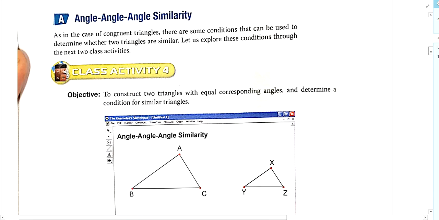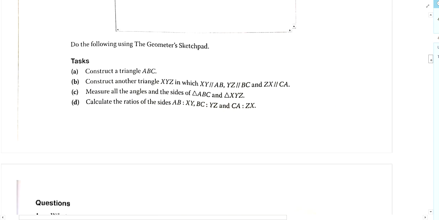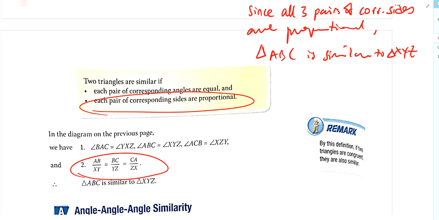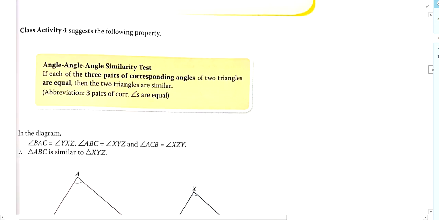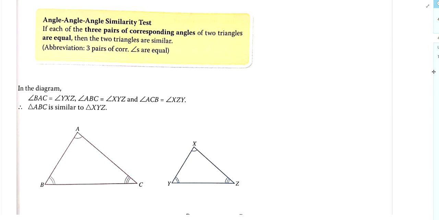So we'll look at the tests that we can use. The very first test we're going to learn makes use of this property. Each pair of corresponding angles are equal. Okay? So here we have the name of the test.